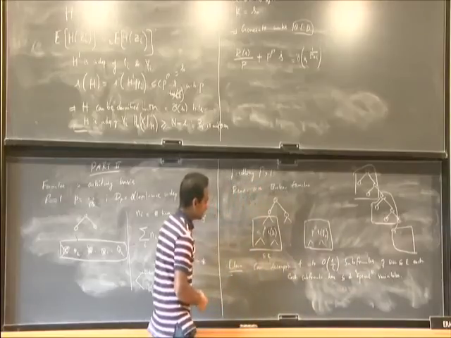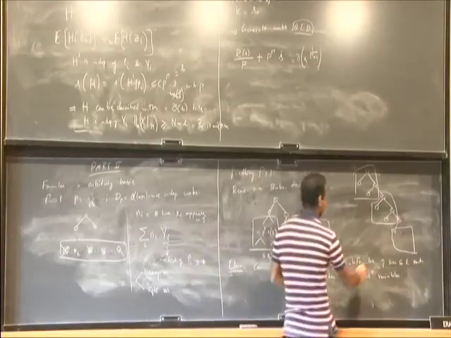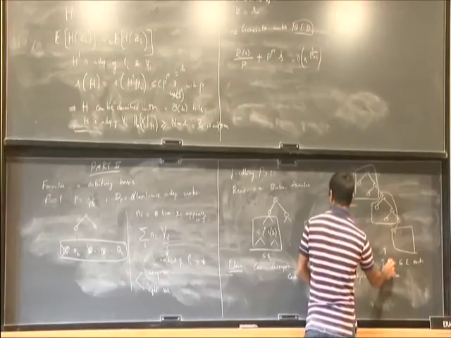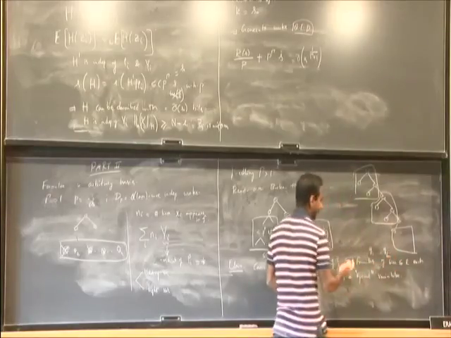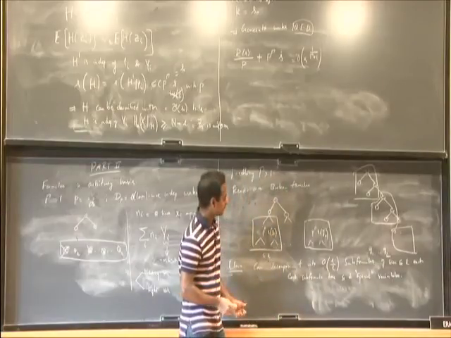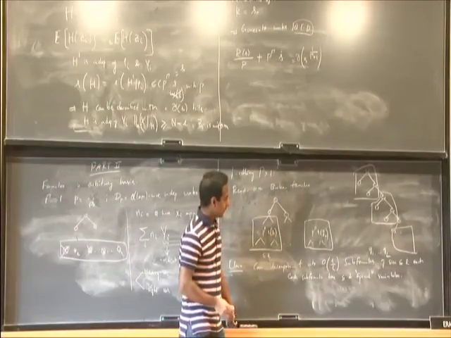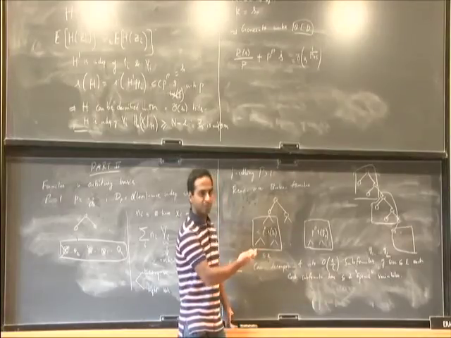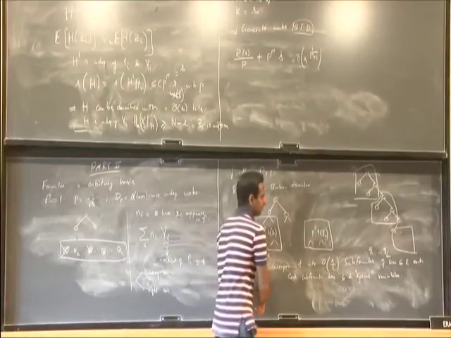So let's call these subformulas G1 up till GL, and we want to relate the shrinkage of F to the shrinkage of the Gi's.